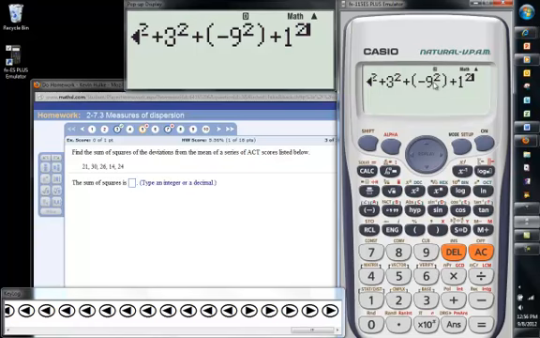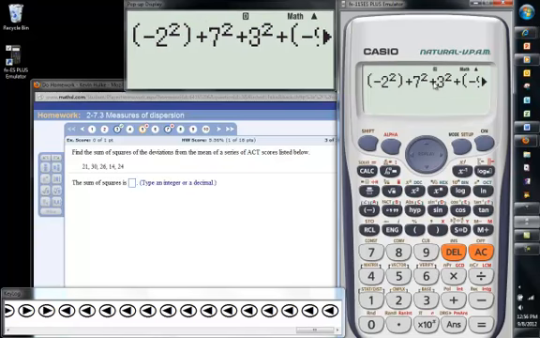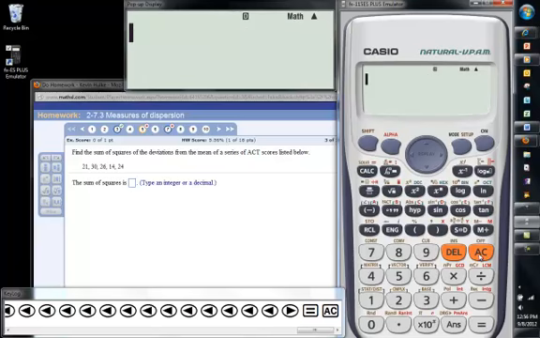Negative 2 squared. Let's try it again. 23 is the average.